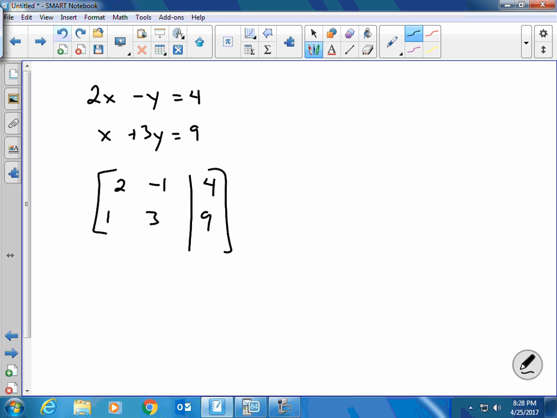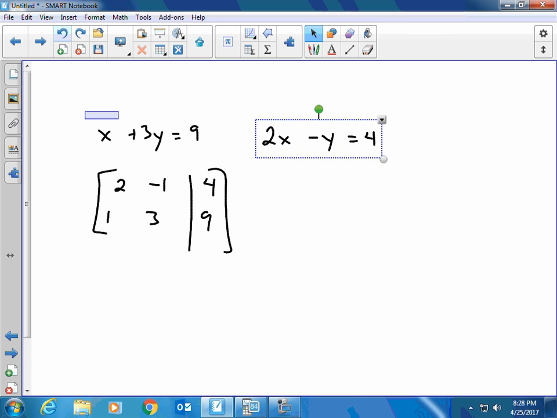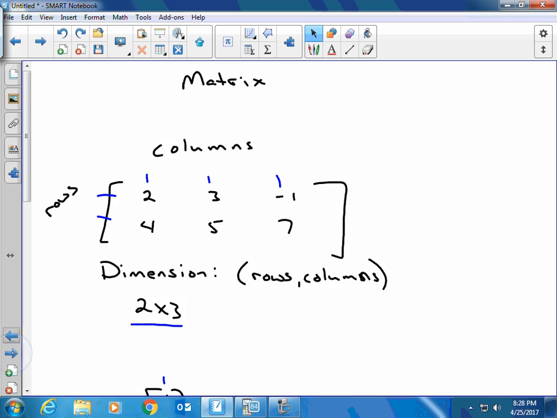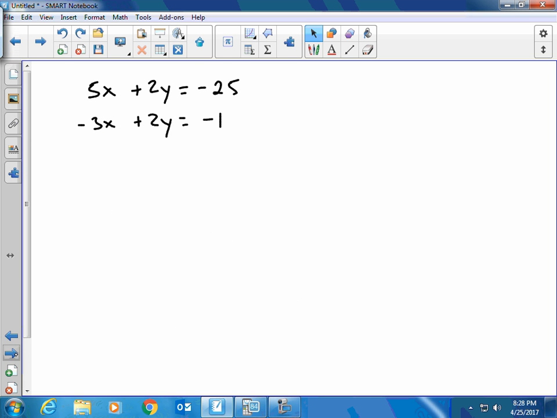Was there any reason why the second equation had to be second and the first equation had to be first? Meaning, was there any reason why I couldn't do this? Sorry, my smartboard jumped on me.